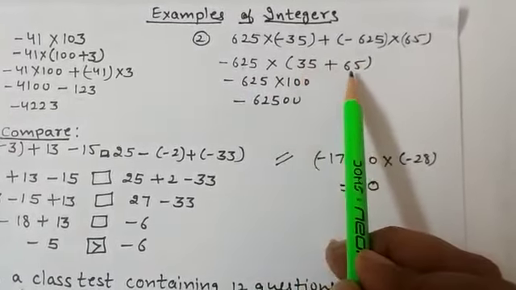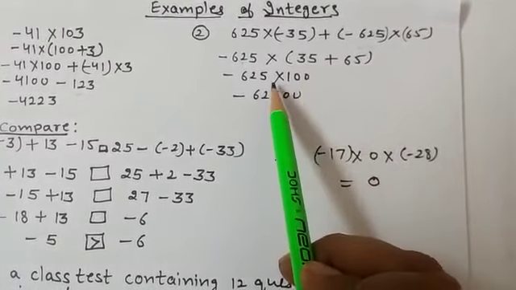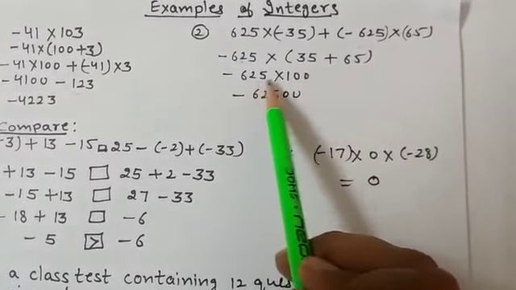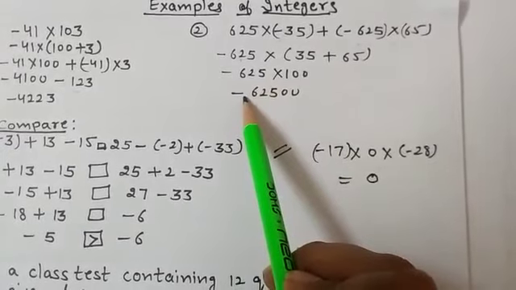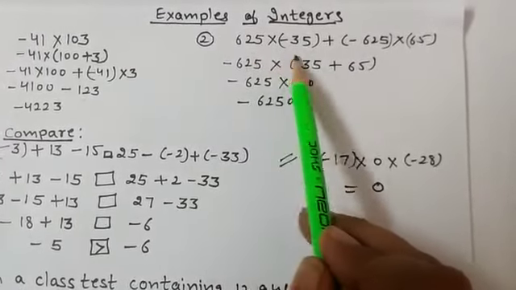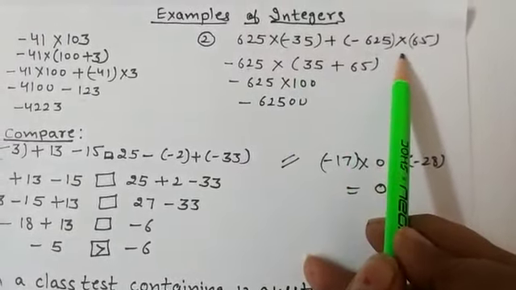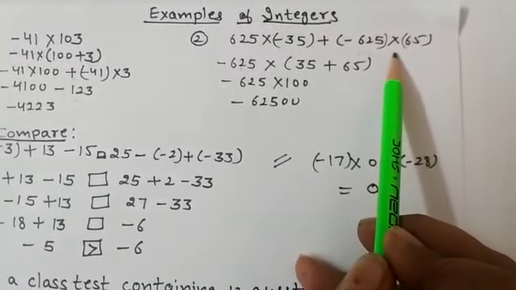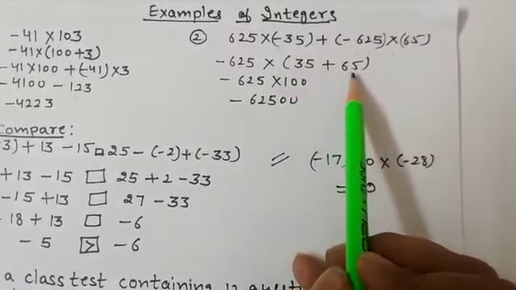After solving, 35 plus 65 is 100, then we multiply 625 into 100 and write the minus sign. If we multiply directly in both parts, it becomes difficult, so we use the distributive property.